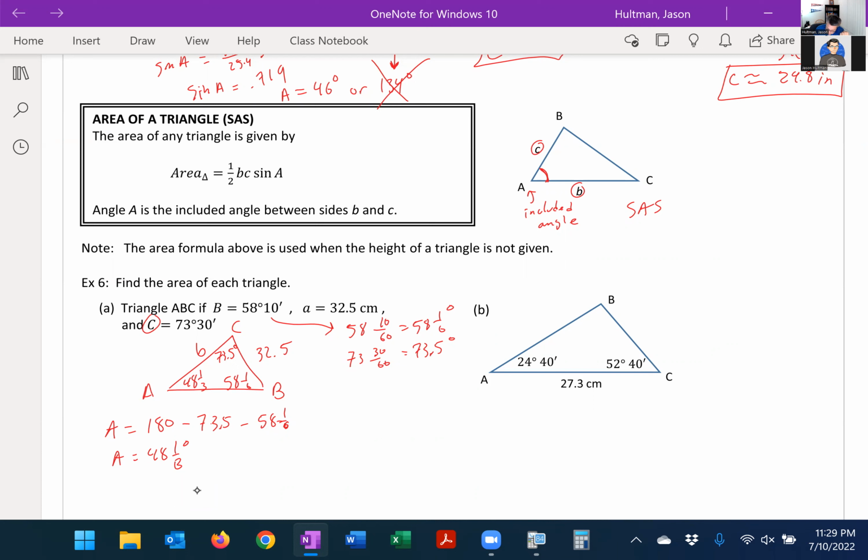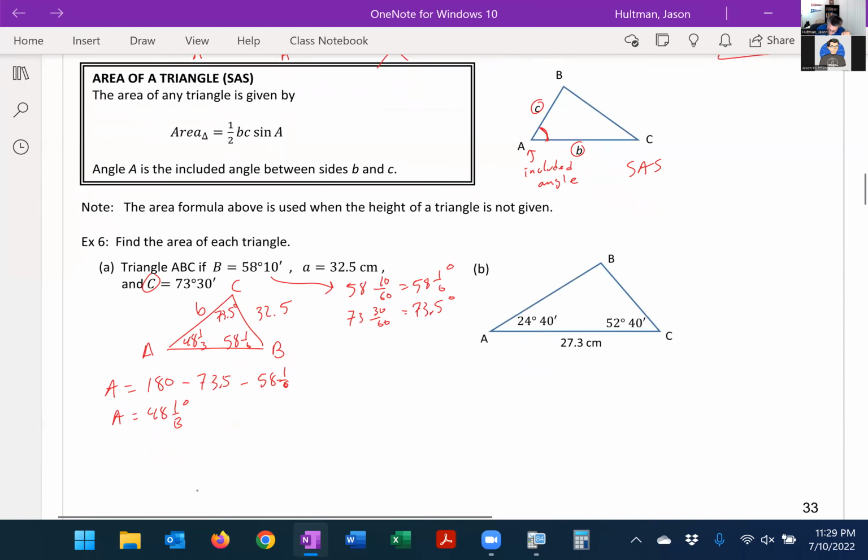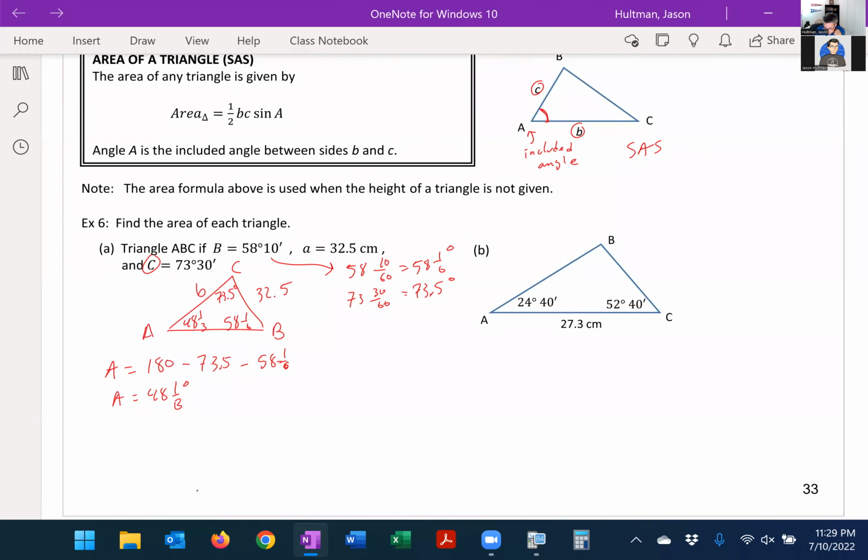So let's find side b using angle A and side a. Sine A over a is equal to sine B over b. If I cross multiply and divide, I get b is equal to a sine B over sine A.